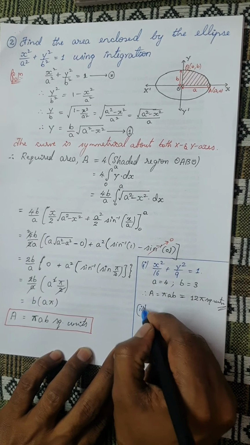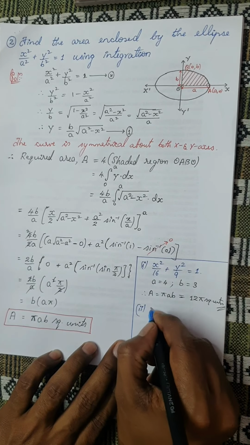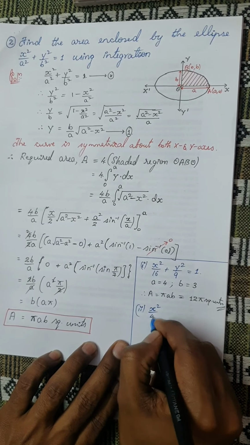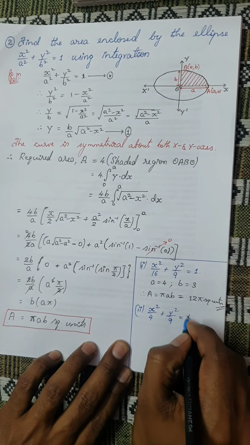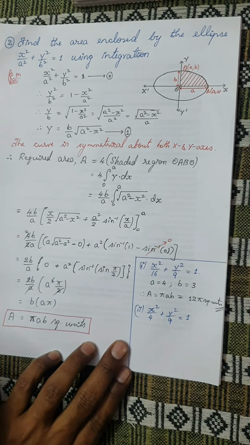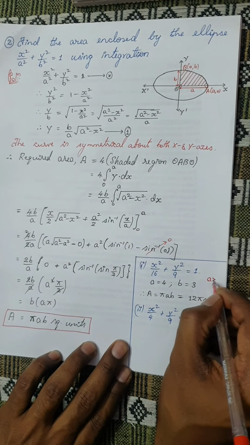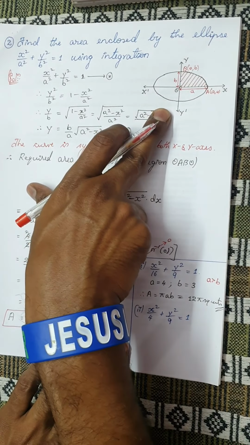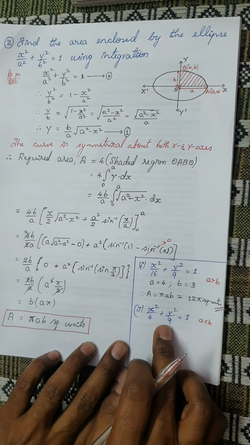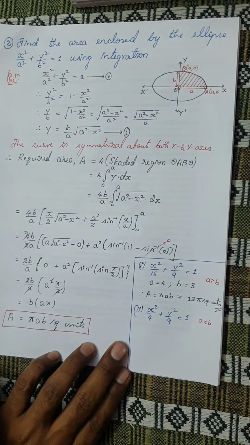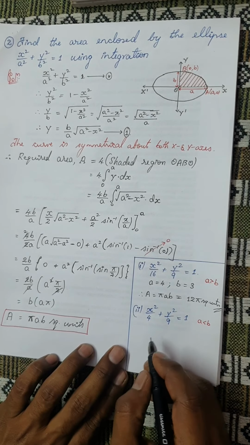Let me consider another ellipse, x square by 4 plus y square by 9 is equal to 1. You can see here, in this case A is less than B, so this would be the rotated ellipse. You might have seen it in the first PUC class.